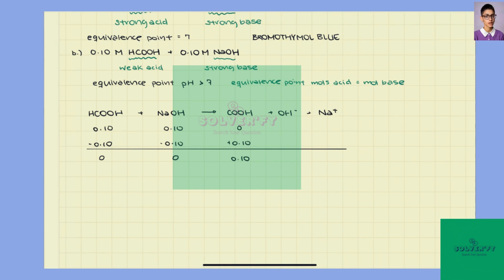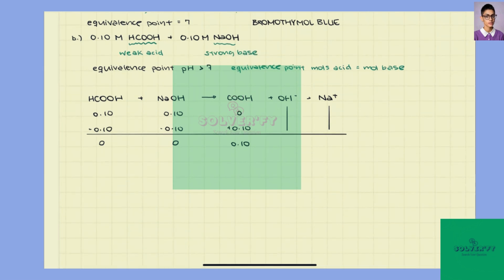Next, we will need to find the molarity of COO minus. Because both the acid and the base take up 1 liter, where HCOOH is 1 liter and NaOH is another liter, the addition of the two will give us 2 liters in volume.